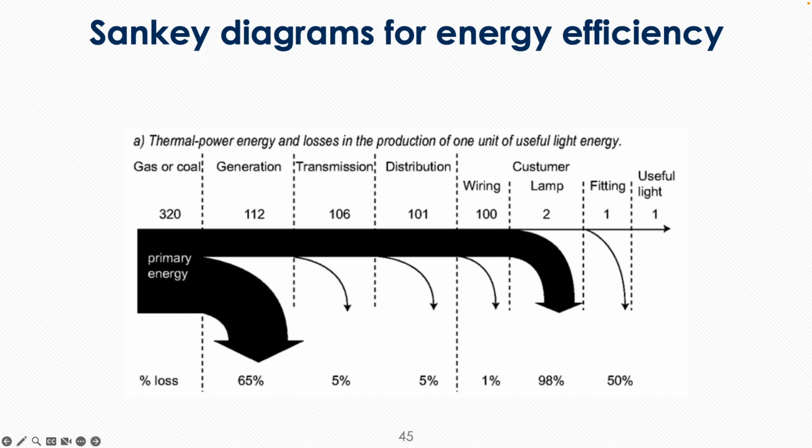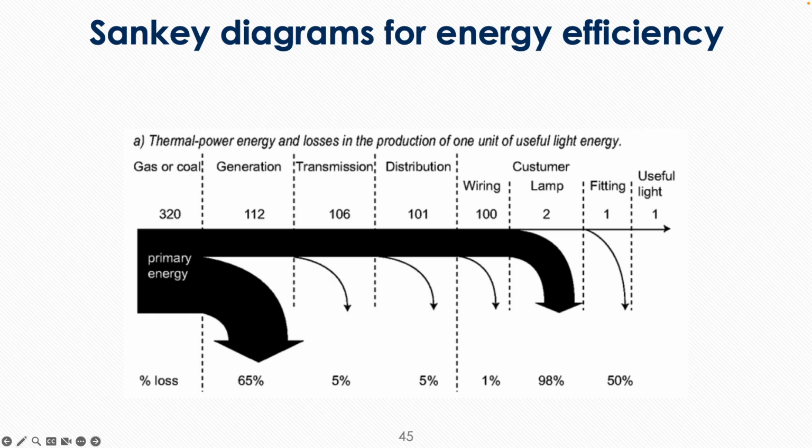It goes through our electricity transmission system and then a distribution system, and you get a little bit of losses, let's say 5% at each. So starting from 320, we have 112 electricity, down to 106 because it goes through the transmission system, down to 101 in the distribution system, and then a little bit of losses locally from resistive heating in your wires at home.